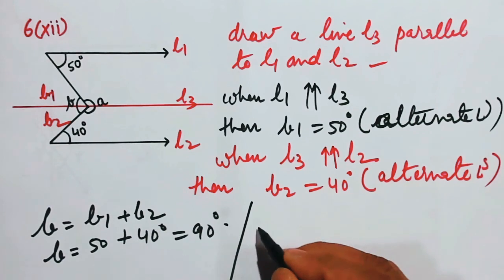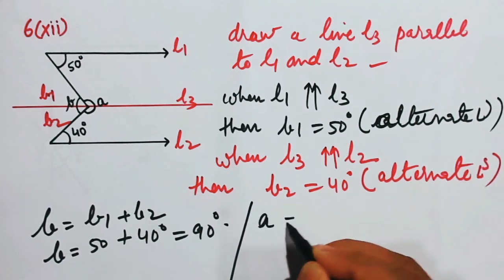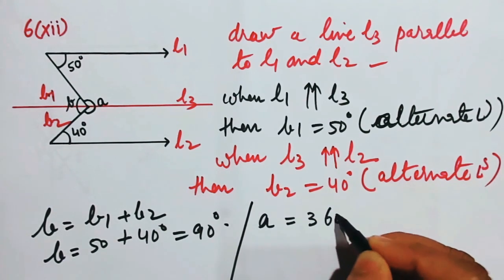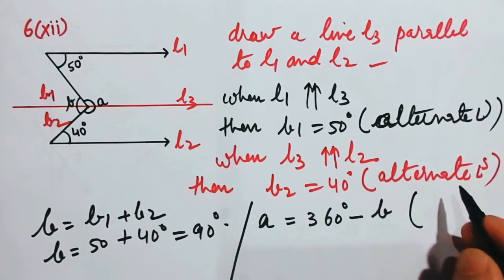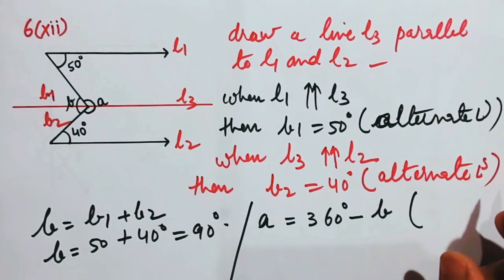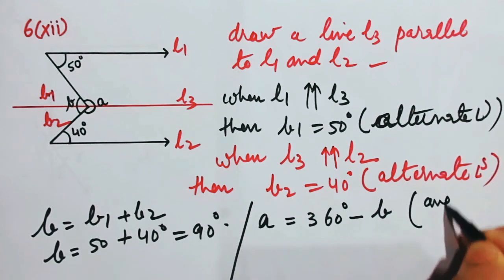And what about A? A will be equal to 360 degree minus B. Why? Because angles around a point is equal to 360 degree.